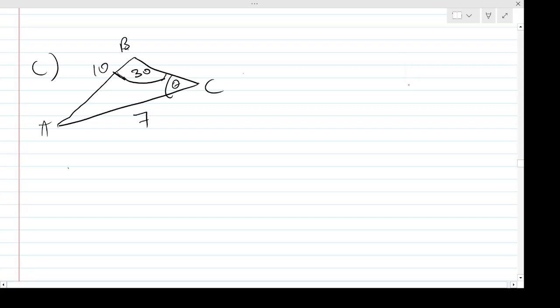We're going to use the sine rule like the last question. So firstly, we have sine theta here, and it's going to be facing that side of 10. So we're going to have sine theta over 10, and it's going to equal, well, the other angle's 30, and it's facing the side with 7. So it's going to be sine 30 over 7.